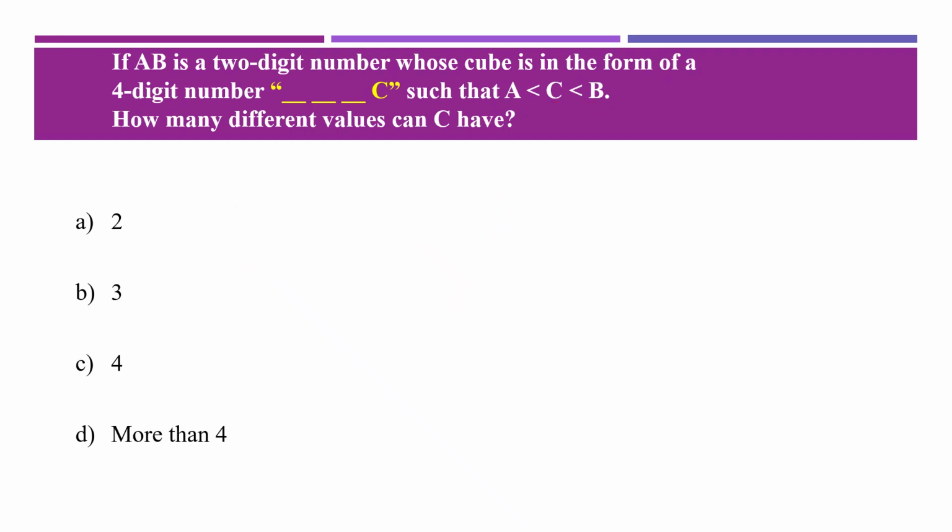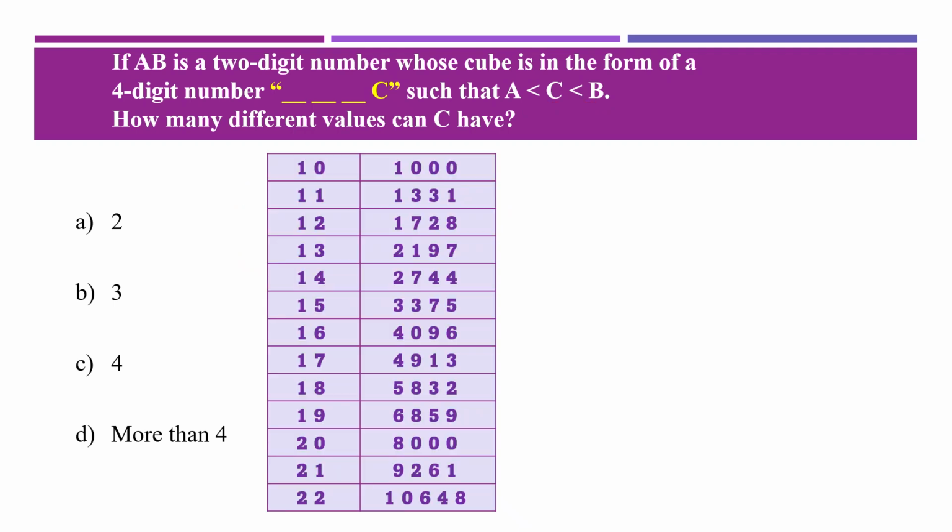Okay, let me list out all the cubes. 10 cube is 1000, 11 cube, and so on. As you see here, 22 cube is a 5-digit number, but our discussion is all about 4-digit numbers, so we stop with 21 cube.